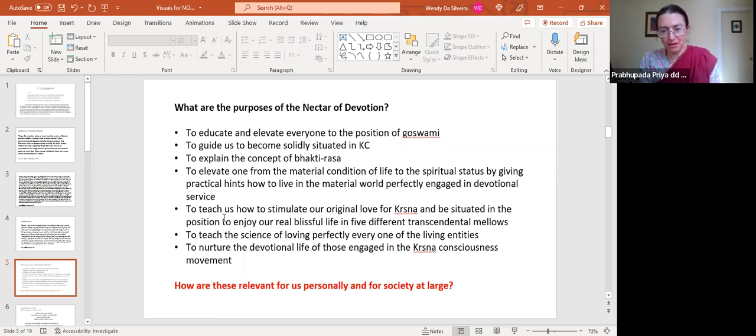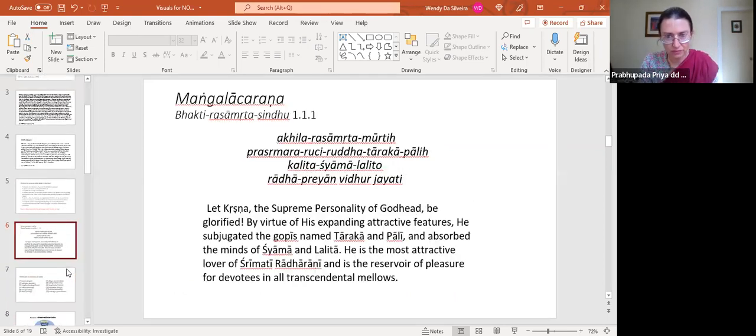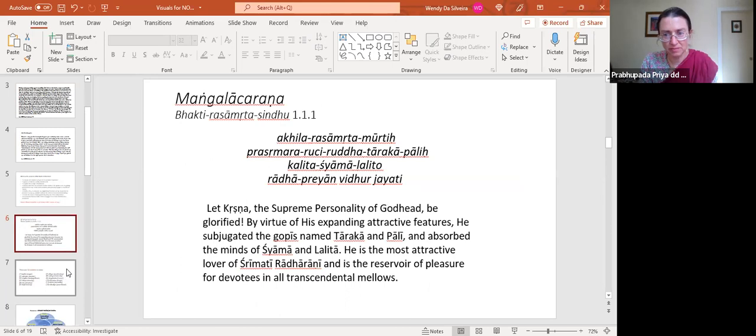Okay, so that's the preface, and we're also going to cover the introduction today. This is actually where the Nectar of Devotion starts. Bhakti Rasamrita Sindhu 1.1.1 is this verse here, the Mangala Charanam, written by Rupa Goswami, which starts off Akhila Rasamrita Murti. Srila Prabhupada writes the translation here, but this phrase is very important.